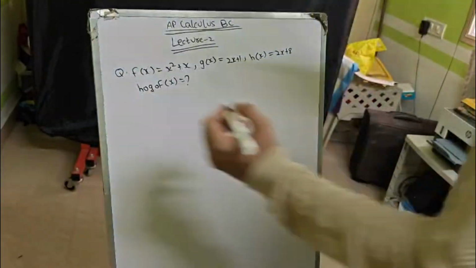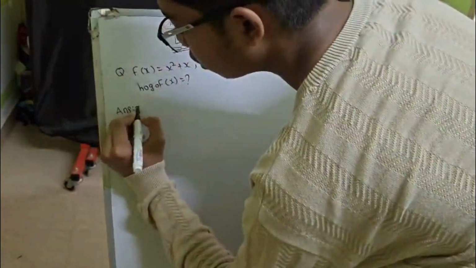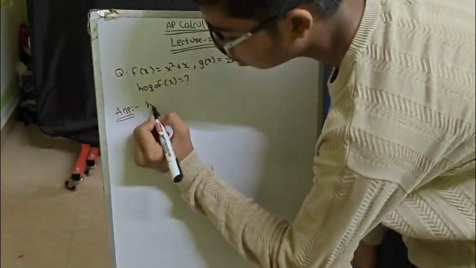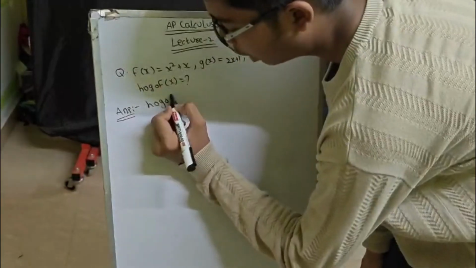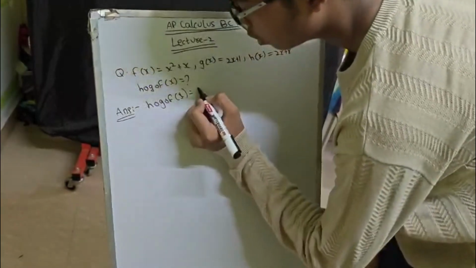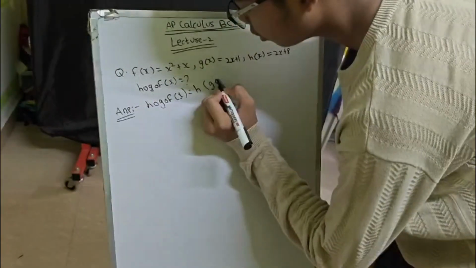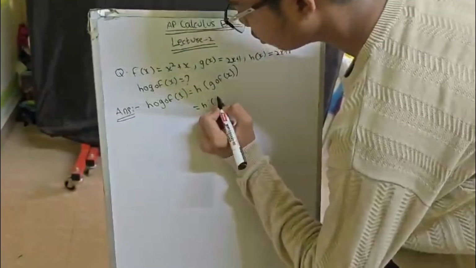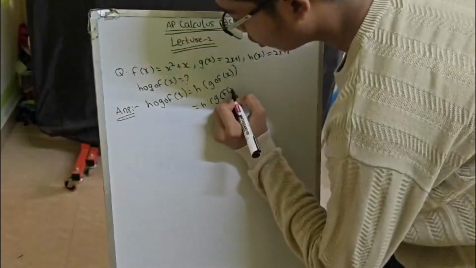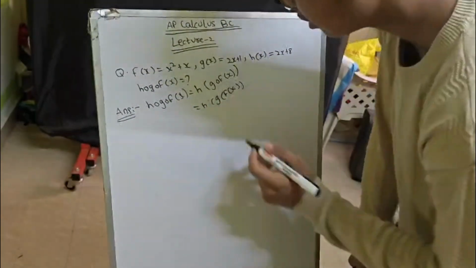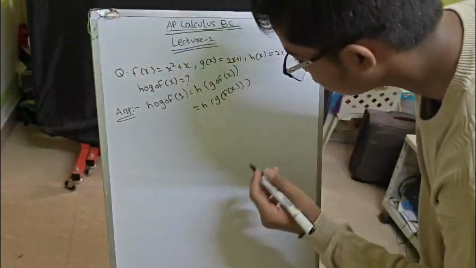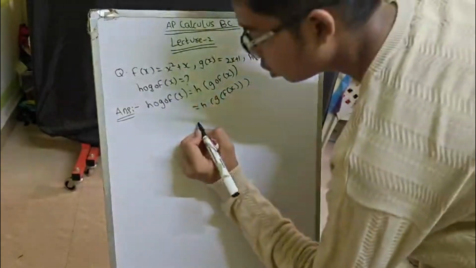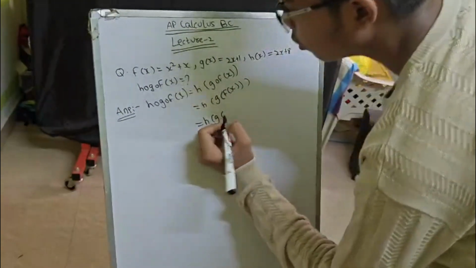So, answer. Okay. So first of all, h∘g∘f of x equals h of g of f of x. So many brackets, not that hard. Okay, fine. So now this is equal to h of g of, what is f of x?